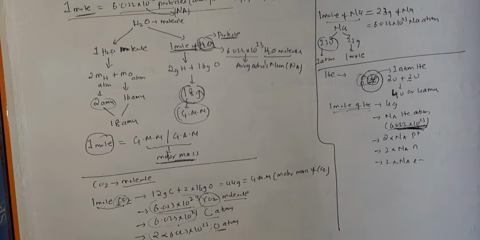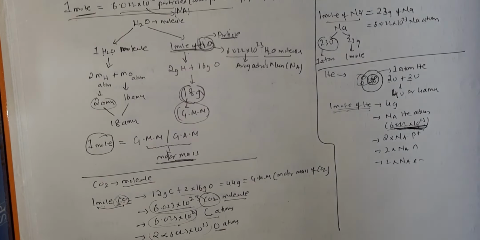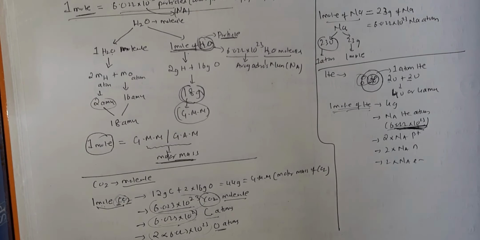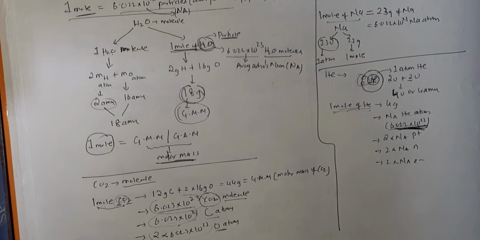This law was rejected at first, but after 1856, Loschmidt, one of the scientists who believed in this law, proved it and gave a value of this constant. But that constant was not 6.022 into 10 raised to 23, it was 2.6 into 10 raised to 25.